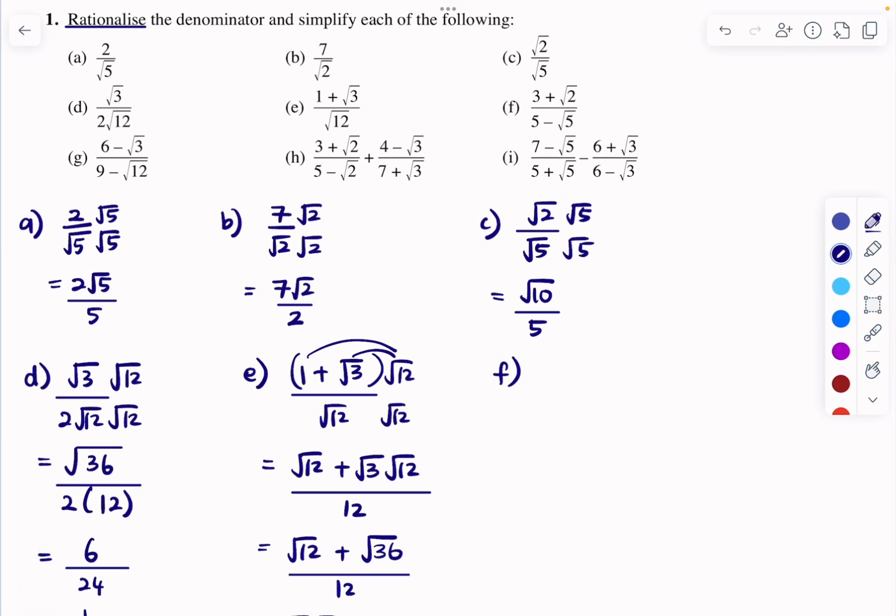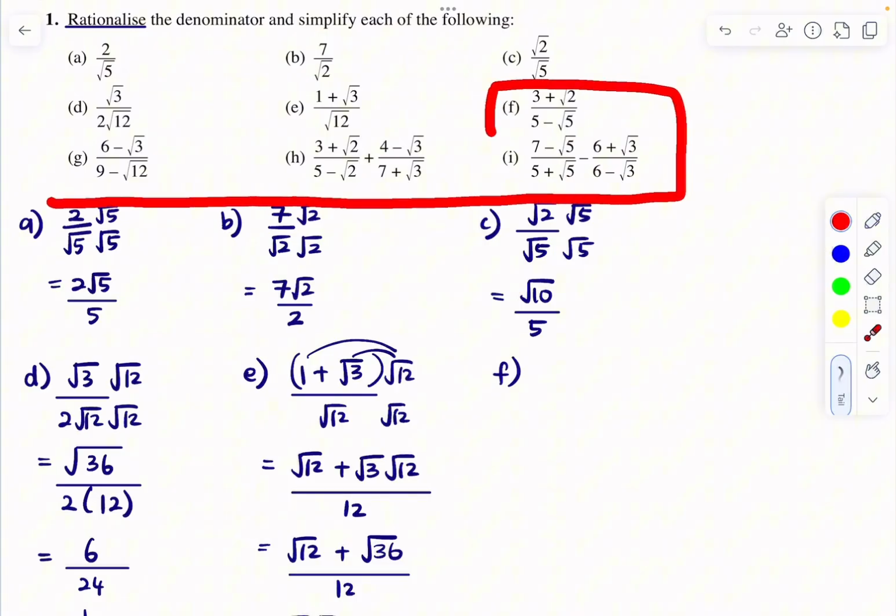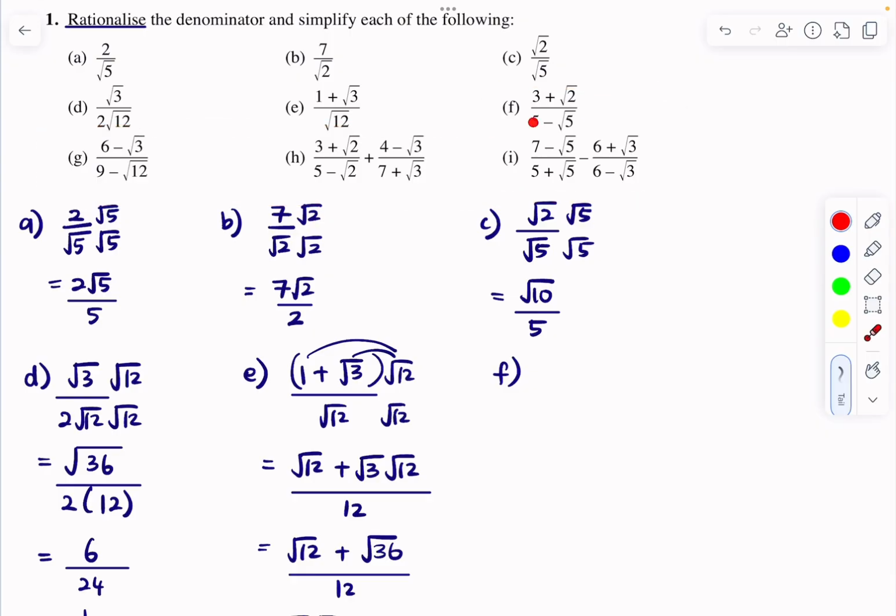F. From F all the way until I, these are all 2 terms. When you have 2 terms like this, it's a bit different. We call this the complex conjugate method.